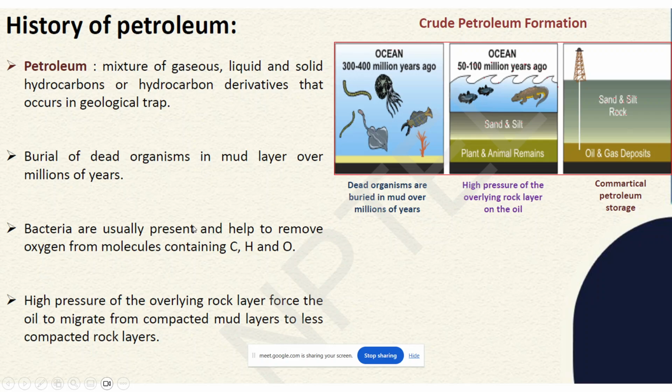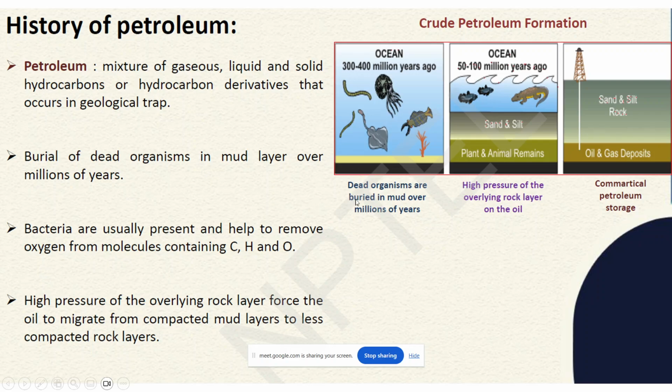Petroleum is a mixture of gaseous, liquid, and solid hydrocarbons and its various derivatives. Due to this pressure and the bacteria present down there, it gets decomposed and converted into an oil-like material, which we extract from down the earth in the form of crude oil.